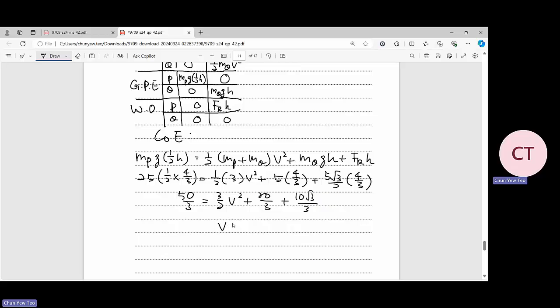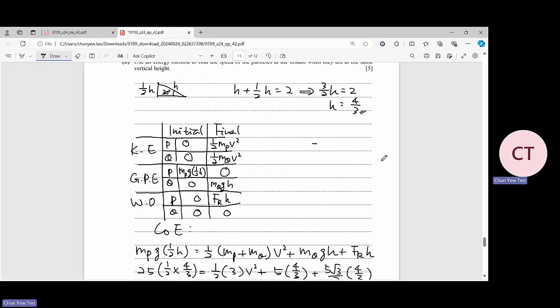Then you just press the calculator with everything you have over here, and you get the answer v equals 1.68 meters per second. Just like that. So this will be the answer for question number 7B.